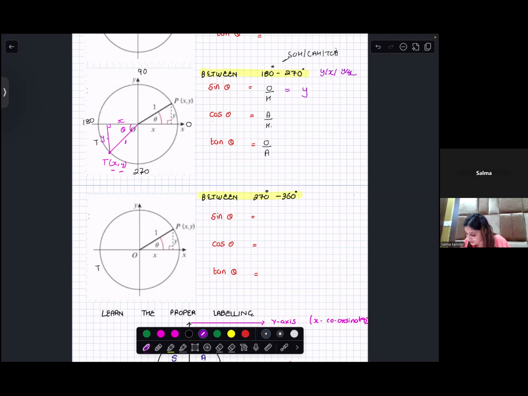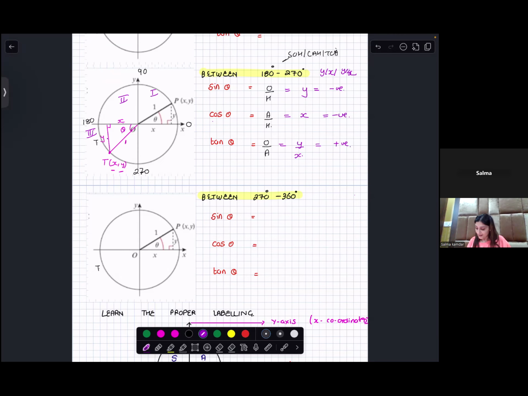For cos, the adjacent is x. And for tan, it would be y by x. So the y is negative. Sin theta would be negative in my third quadrant. Cos theta would also be negative in my third quadrant. And tan theta would be positive in my third quadrant.